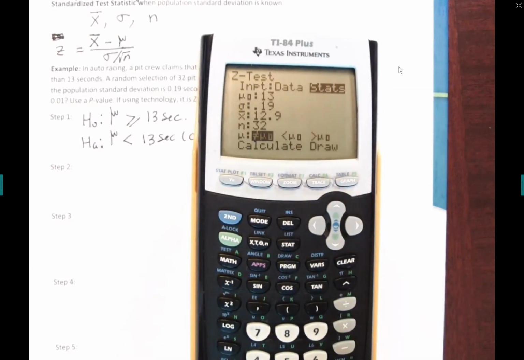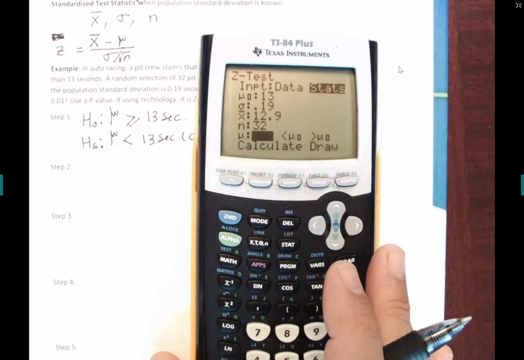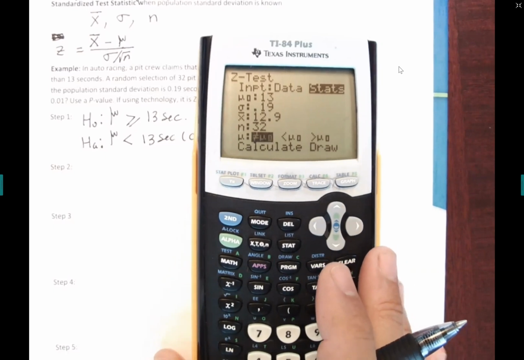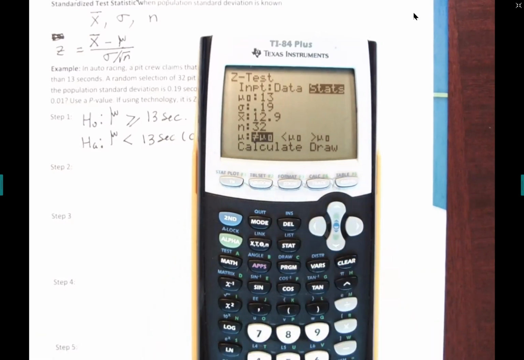The last step, guys, is to select the alternative hypothesis sign. Not where the claim is, but what the sign in the alternative hypothesis is. So what is it going to be, guys? The first, second, or third? Let's see, the third says greater than.